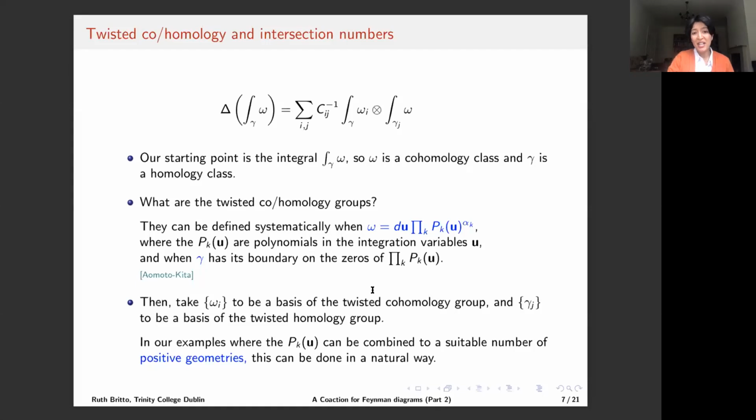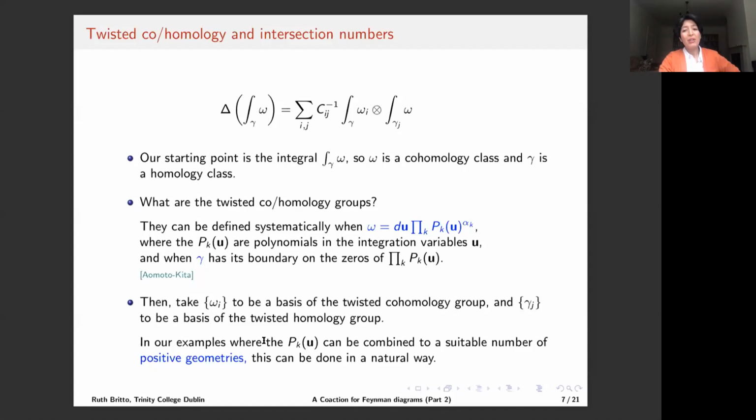So once we've identified mathematically what the twisted cohomology and homology groups are, we just pick some basis of each one. And a priori, they're unrelated, but given a choice of basis, you can construct these coefficients. And that's what we will do.